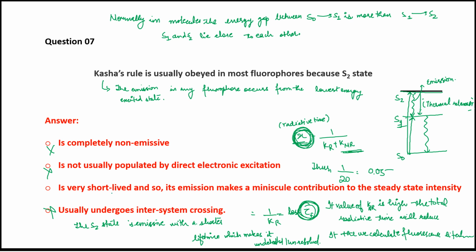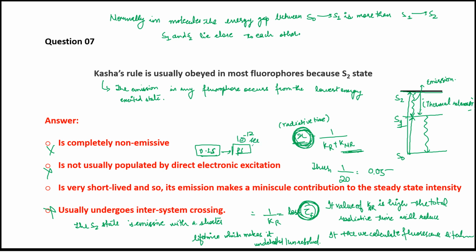The right option is very short lived, and so its emission makes a minuscule contribution to steady state intensity. Now see, if you are recording at 0.1 per second, your integration time is so long. Can you observe anything on the time scale of picoseconds, that is 10 to the power minus 12 seconds? No, it is practically not possible.